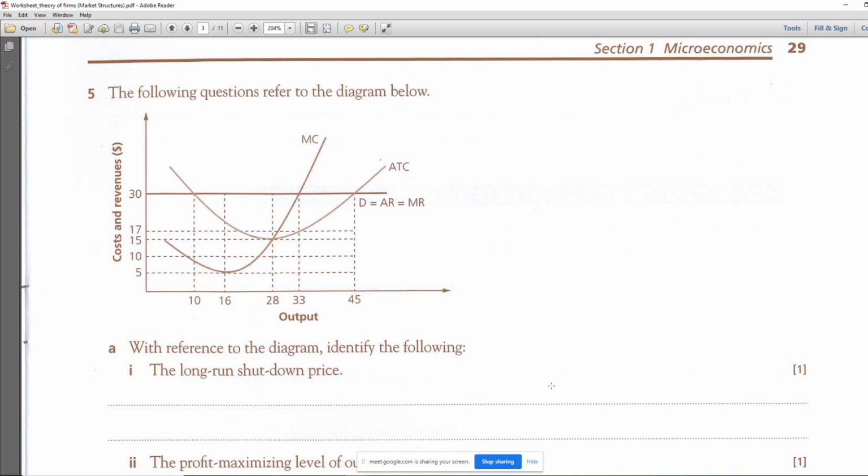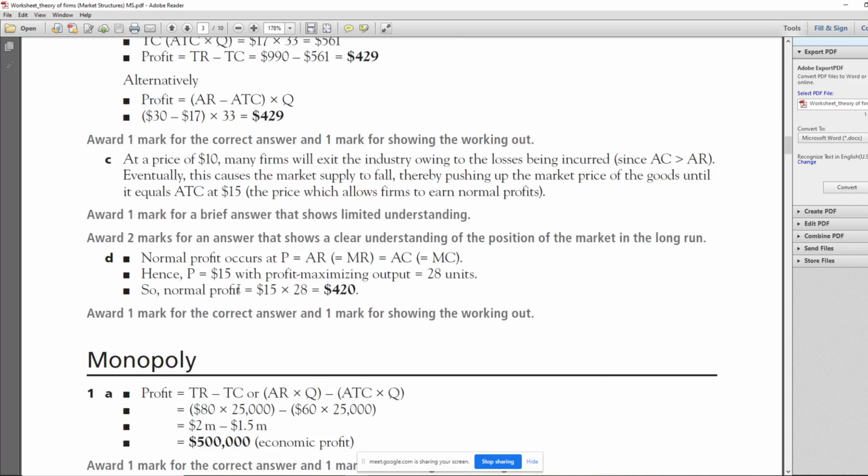That is correct, because normal profit you can find at the price of 15, and at the price of 15 you have the output of 28. Multiply this by this one and you will get 420. If you go to the answer here, 15 times 28, you will get 420.